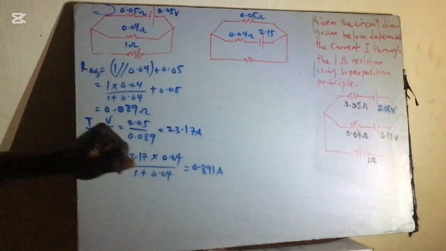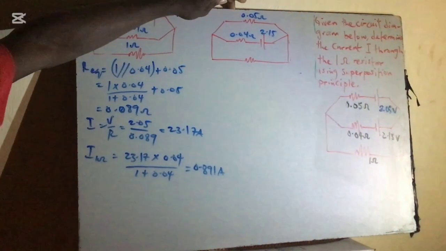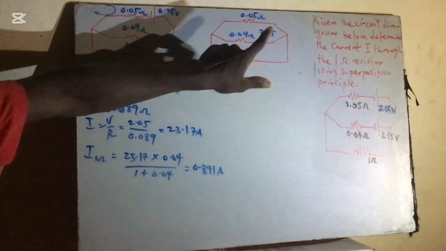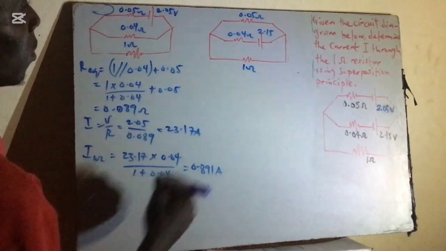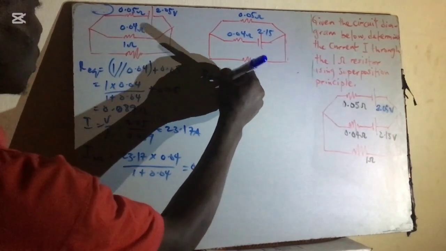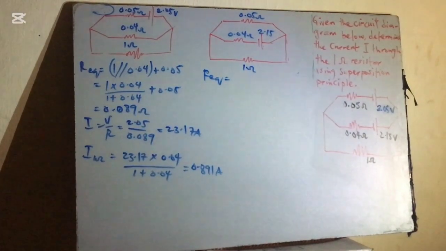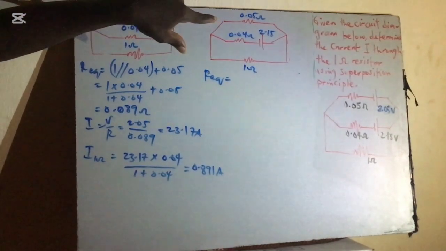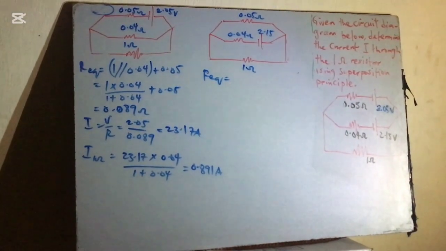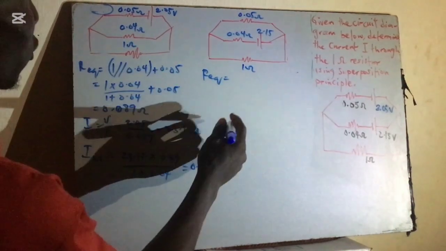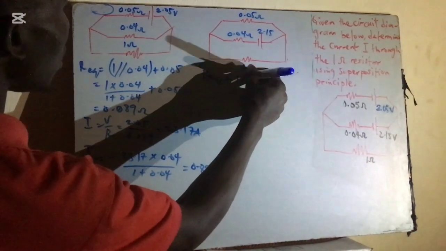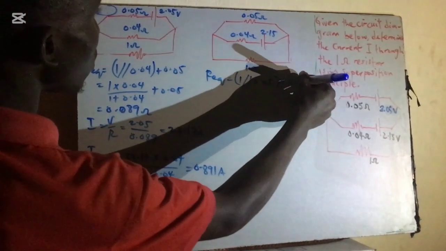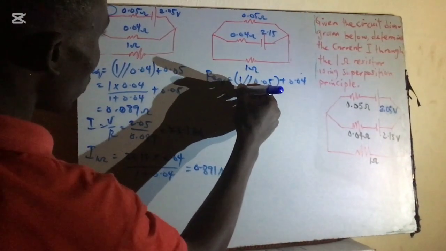Now let's move to the second part. With the first voltage source short circuited and the second voltage source in use, we have 1 ohm here. First thing again is to calculate the equivalent resistance. This time around it's going to be this and this in parallel, then in series with the one holding the voltage. So 1 in parallel with 0.05, then in series with 0.04.